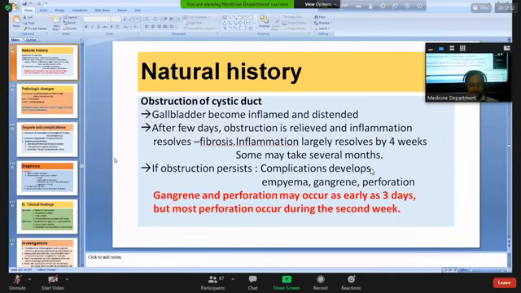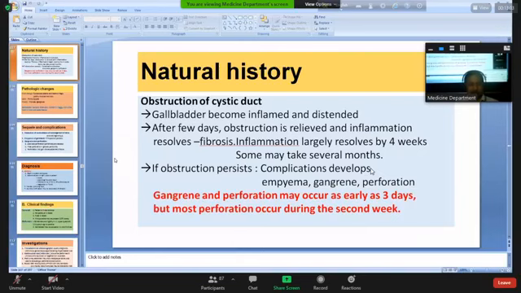So usually whenever there is obstruction at the neck, there is distension of the gallbladder, and the stone slips away from the wall because of distension and goes back into the cavity, and the obstruction is relieved. With this, it usually takes 4 weeks, and ultimately the attack will be resolved.